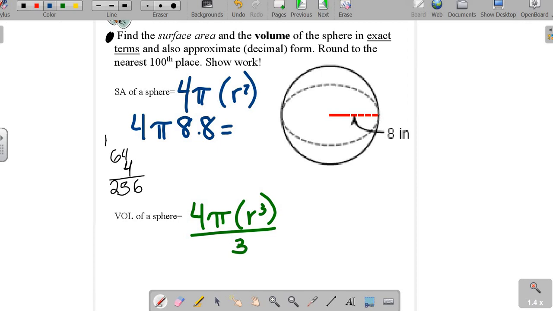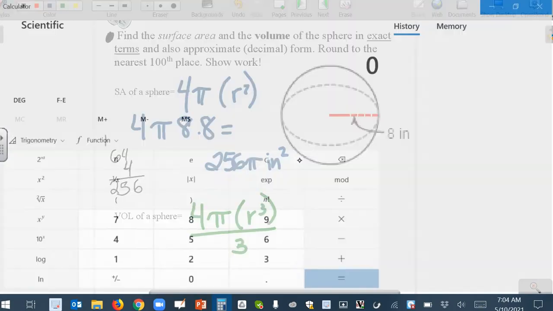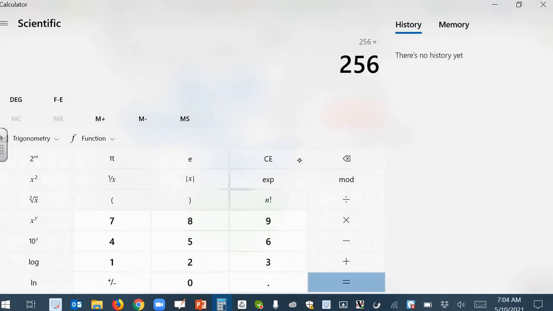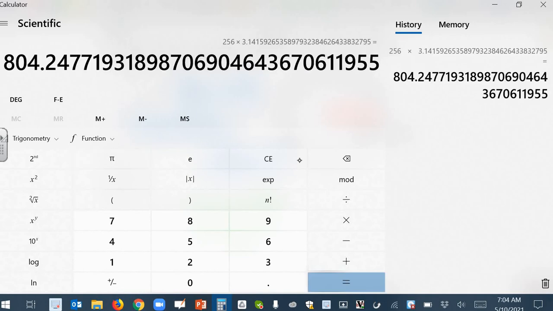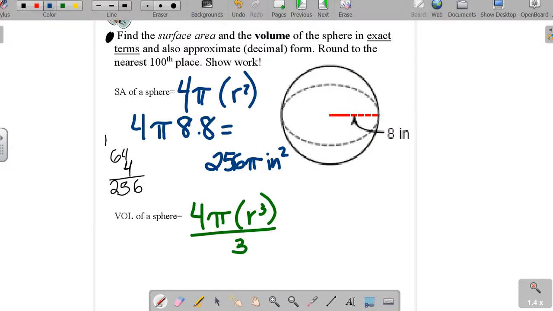So our surface area here is going to be 256 pi inches squared. That's exact terms. Approximate terms, 804.2-ish inches squared. Exact terms is always preferred, unless you have to do something else with it.